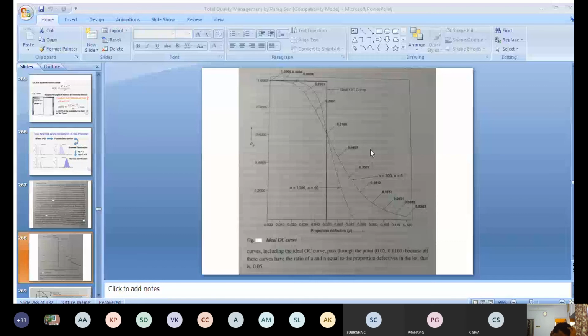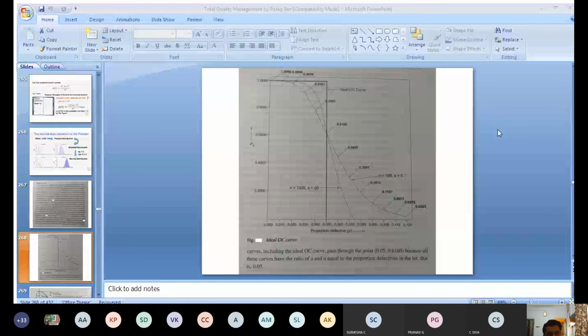The ratio A by n will be the same, so in all the cases the curve will pass through the point 0.05, 0.616.